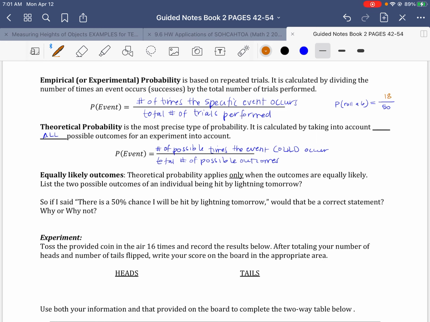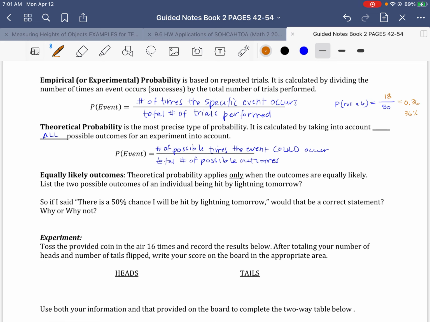So 18 out of the 50 times you rolled a 6. So we would say 18 out of 50 would be your calculated probability. And you could leave that as a fraction. We could write that as a decimal. That would be 0.36. Or in other words, you saw a 6 about 36% of the time.